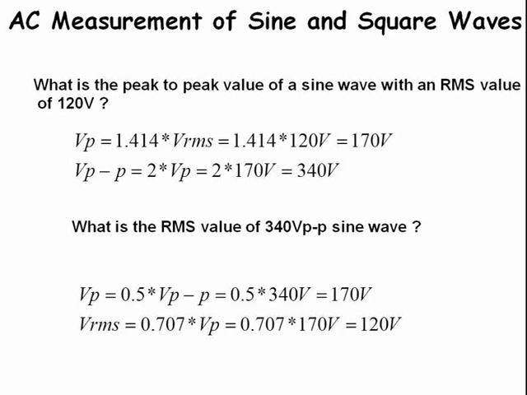What is the RMS value of a 380 volts peak-to-peak sine wave? We start by calculating the peak voltage, which is 0.5 of the peak-to-peak voltage, which is 190 volts. To get the RMS value, we multiply the peak value by 0.707, which gives us 134 volts.